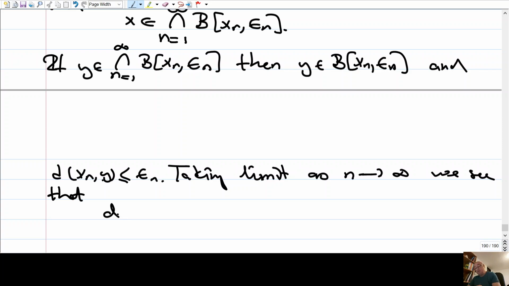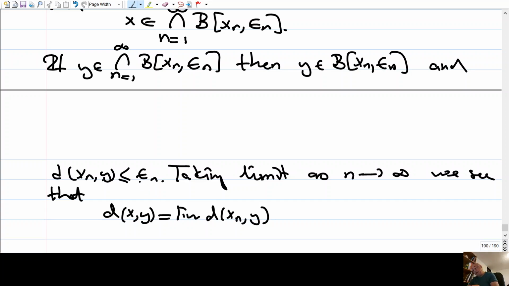Since it is continuous, I can write this as just the limit of d(x, y). This is the distance function from a point to a fixed point.